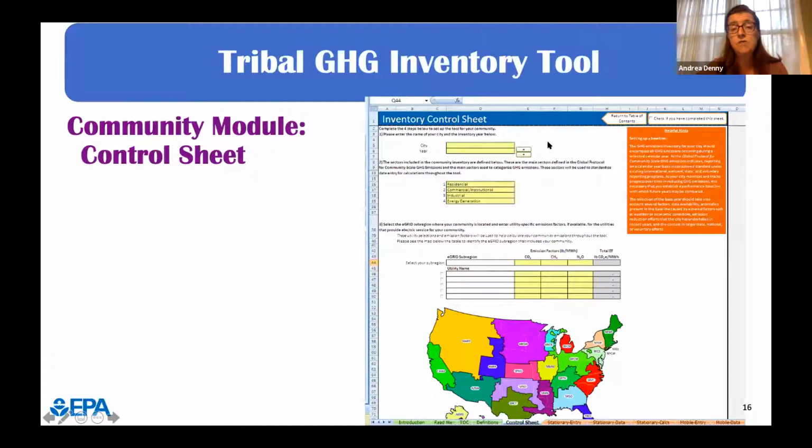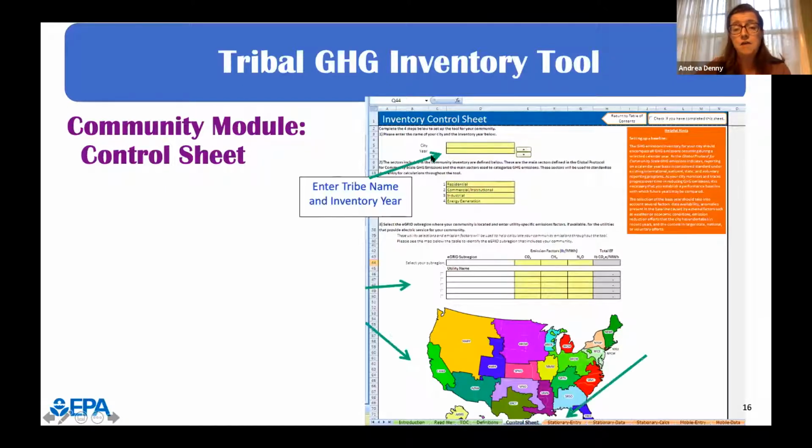And when you go to the inventory control sheet, this is where you enter your city, well, sorry, this says city on the screenshot, but here in the tribal version of the tool, you would enter your tribe name, your inventory year, and then it's set up for residential, commercial and institutional, industrial, and energy generation if you have control over a power plant or on-site power plant generation.